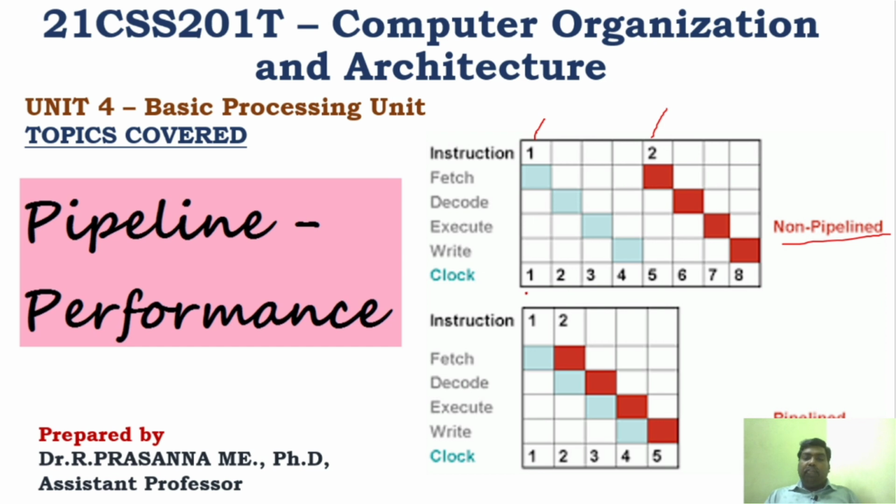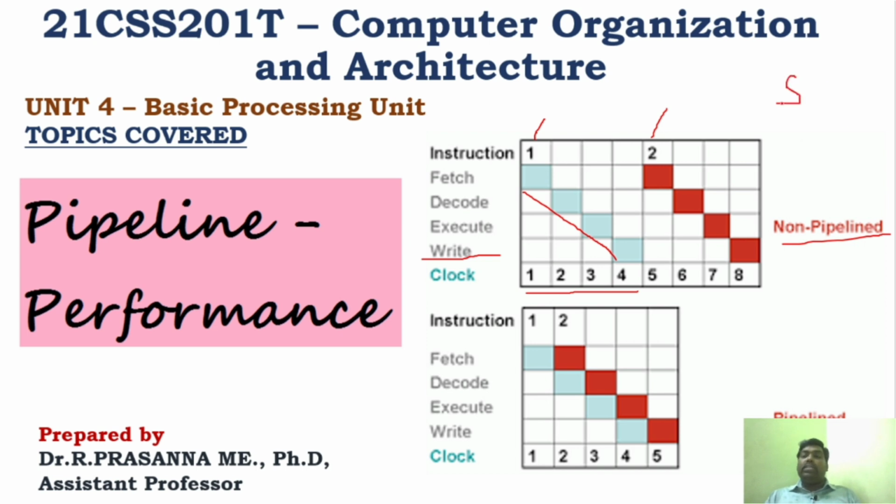Till the 4th clock cycle, it will execute only one instruction: fetch, decode, execute, and write. Only after the 4th stage will it go to the next instruction.